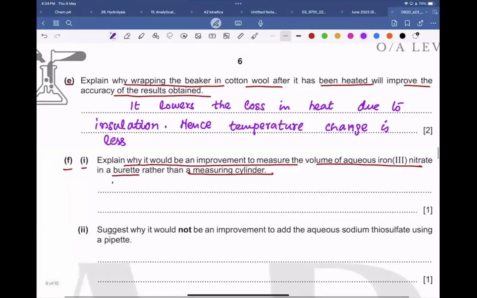So burette is more accurate than measuring cylinder.